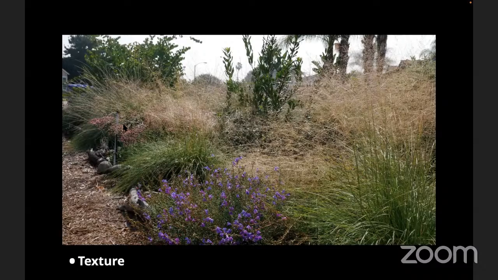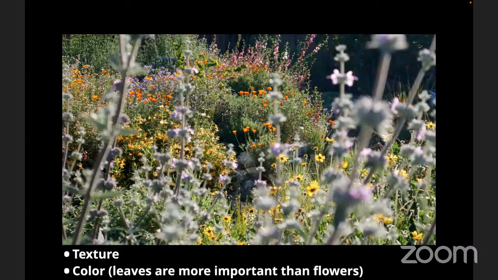And then we have the contrast of the colorful perennials and then the larger shrubs in the background. The texture is about that gauzy, ethereal look, which looks incredibly beautiful when it's backlit in the morning or the evening, which is often when I see it when I'm heading out to or coming home from work.